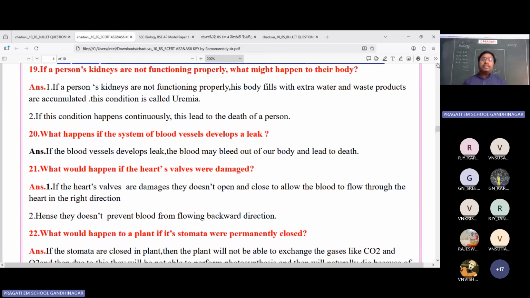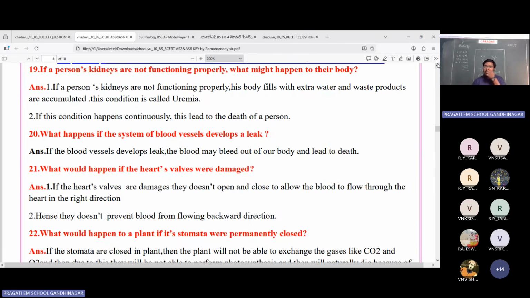If a person's kidneys are not functioning properly, what might happen to their body? The kidneys are not functioning. So what will happen, children? If the body fills with extra water or waste products, if the waste products are accumulated, that condition we can call uremia.